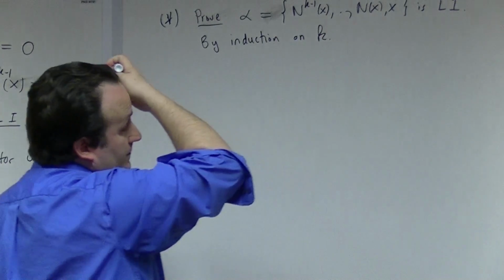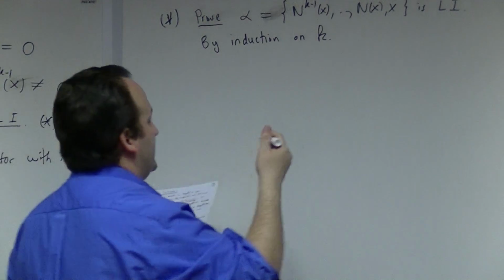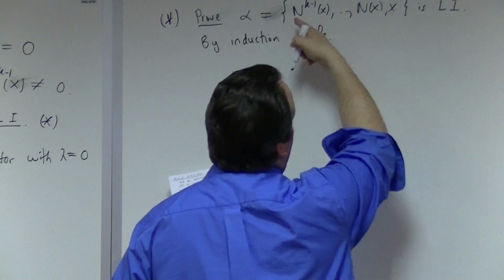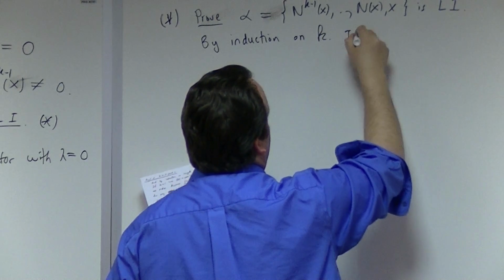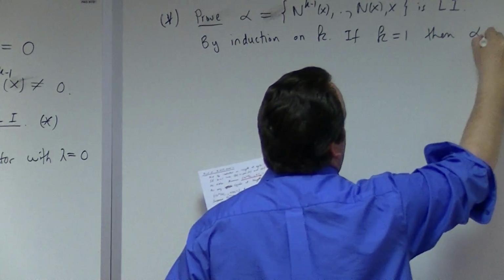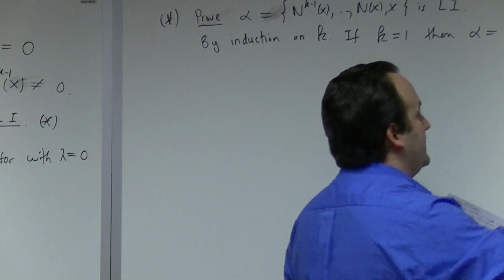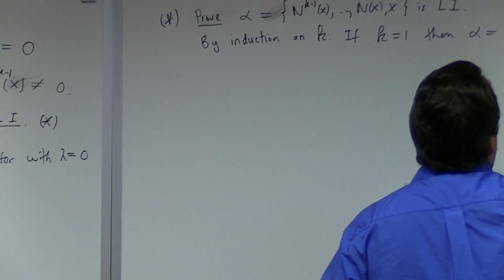So first of all, if I had k equal to 1, that's the length of the cycle. There are k vectors in here, right? So if k equals 1, then alpha is just the set containing x, and as we assumed x was not equal to 0, it's linearly independent.